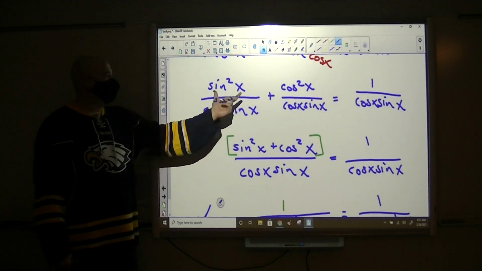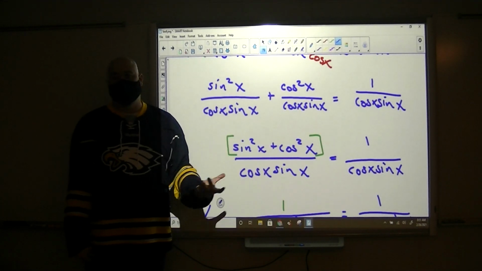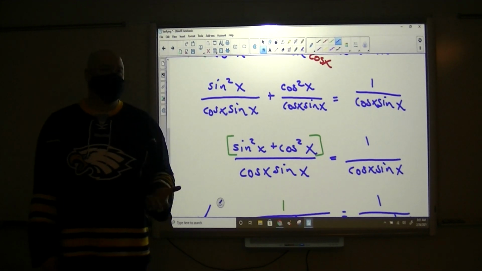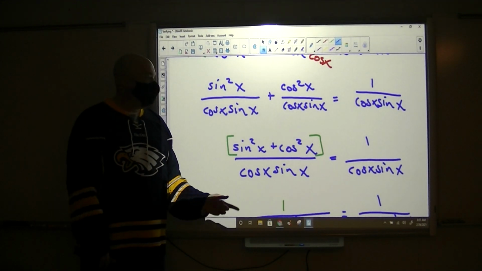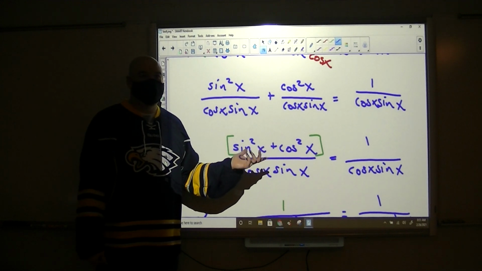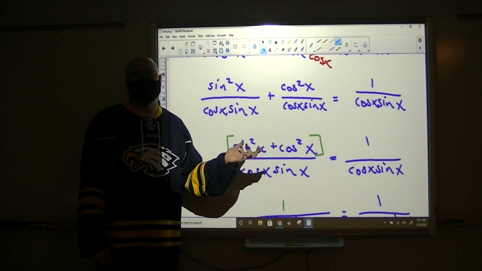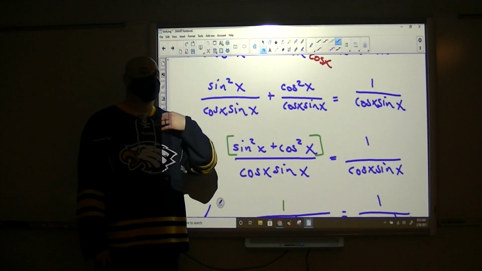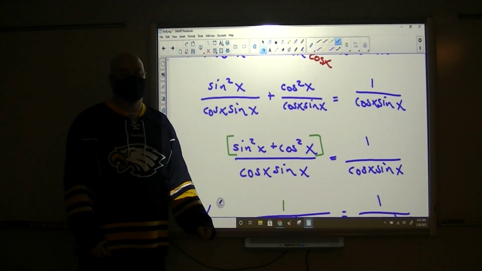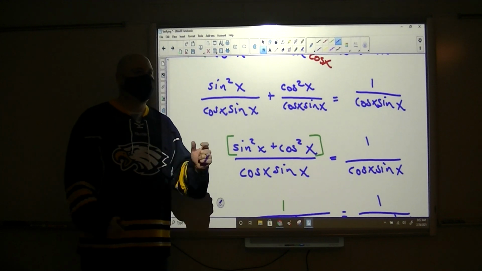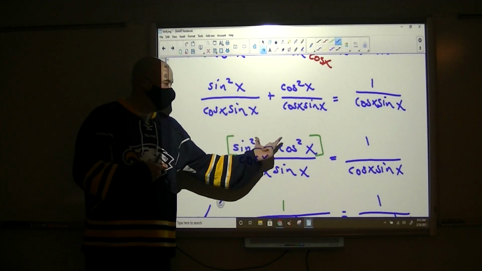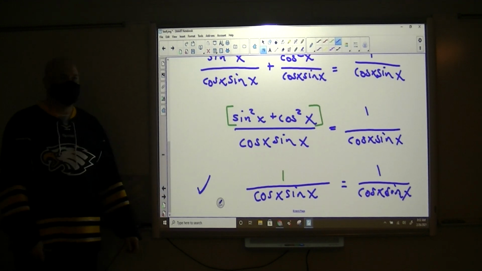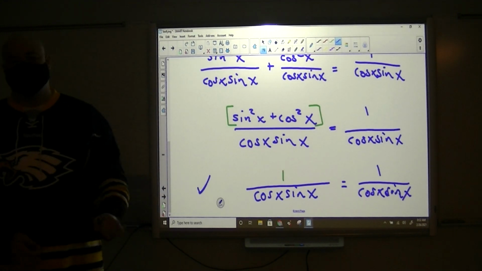We put those two things together, and then we had to, and there's no really other way to say this, and I apologize because it kind of seems like a cop-out, but you just got to know that this is equal to 1. You've seen that. How many times have you looked at that Pythagorean identity? Many, many, many times. I didn't have to go into the margin, as I have in the past, because I didn't need to manipulate it. This is equal to 1, so I put a 1 in its place. Check mark. The two sides are the same. Mic drop.